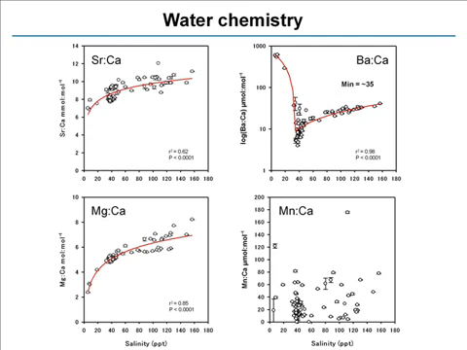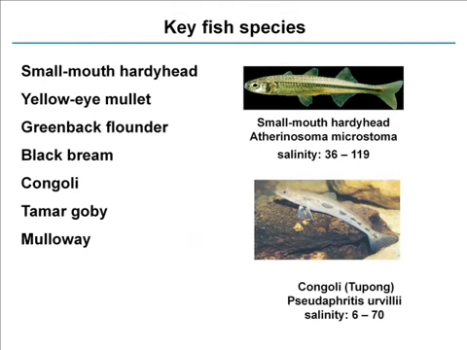Typically, we'd expect barium to decrease as we move from fresh water into marine waters. But when we looked at samples taken from more hypersaline waters, we can actually see that the amount of barium starts to increase again. And this will, of course, have implications for when we're determining the environmental history of the fish.